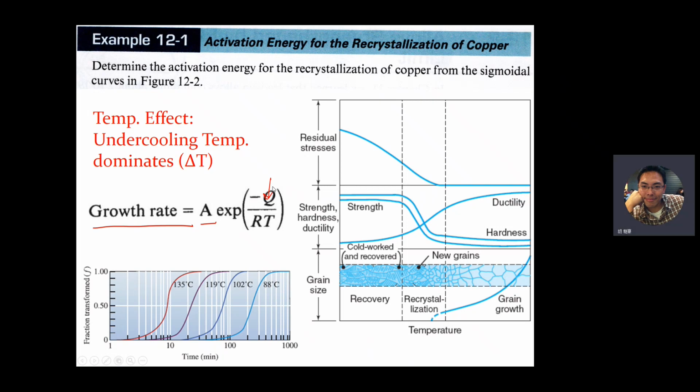So think of this situation. If we have a metal or alloy which has been strain hardened with very high hardness, how do we modify its mechanical property?